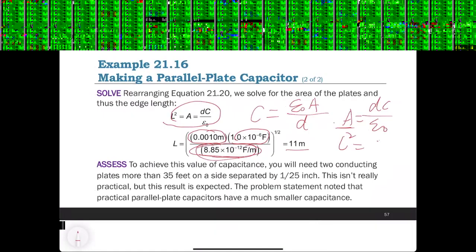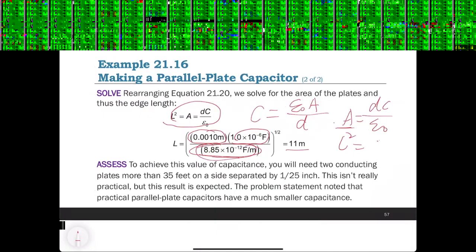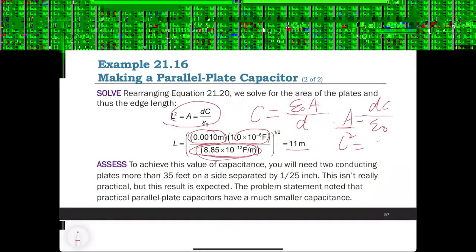Let's assess this result. To achieve this value of capacitance, you will need two conducting plates more than 55 feet on a side, separated by 1/25 inch. This isn't really practical actually, but this result is expected.